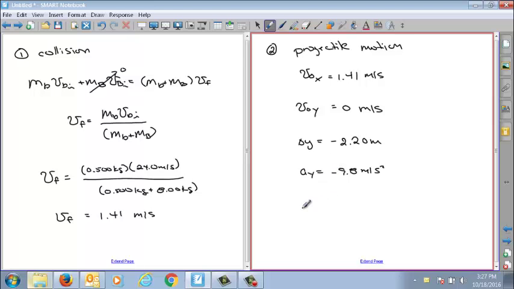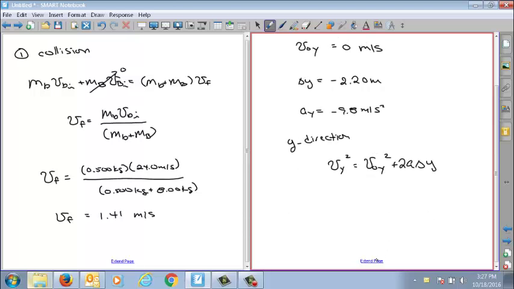Just like the test for projectile motion, we do the y direction first. We're going to solve for the final velocity in the y direction using this equation. The initial velocity in the y direction is 0, so the velocity in the y direction is plus or minus the square root of 2a delta y.